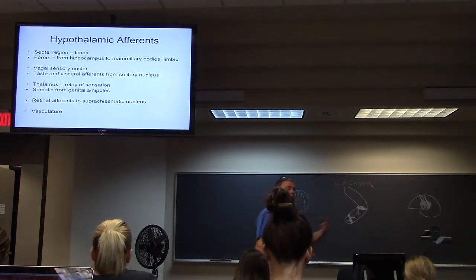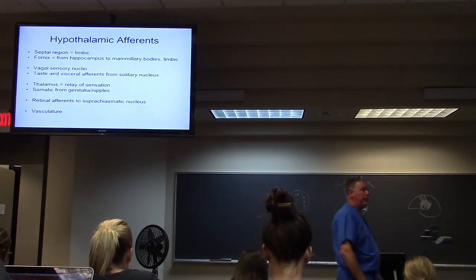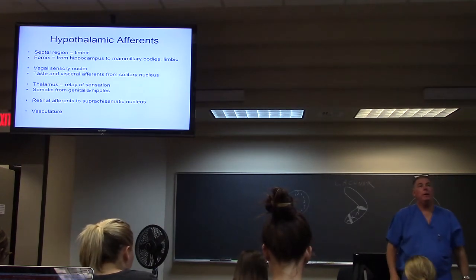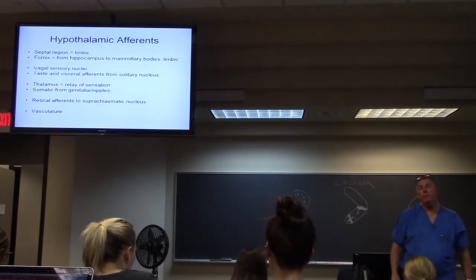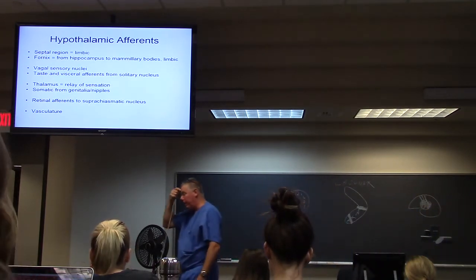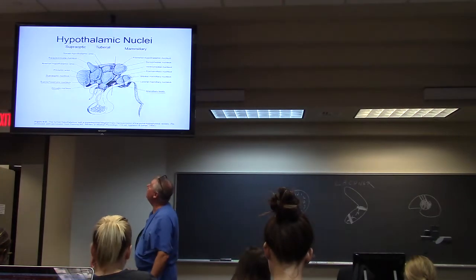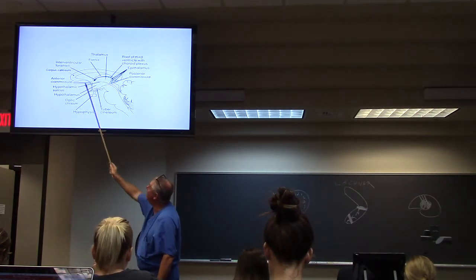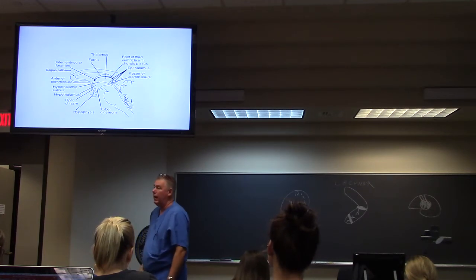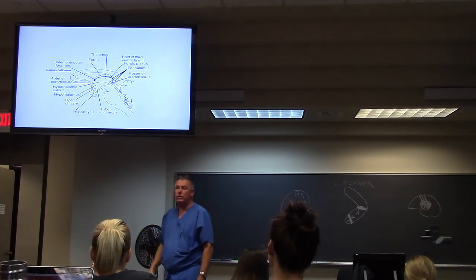The afferents that project to one or more nuclei in the hypothalamus come from what's called the septal region, which is in the frontal part of the brain. This is the septal region out here. I'll mention that tomorrow in the lecture.